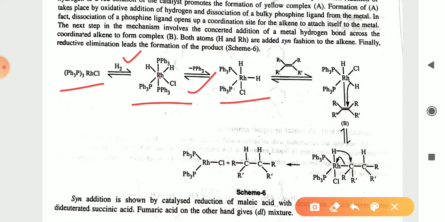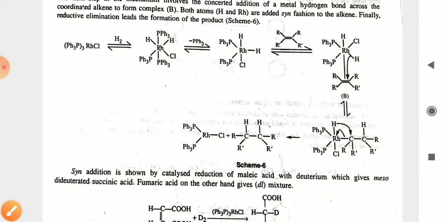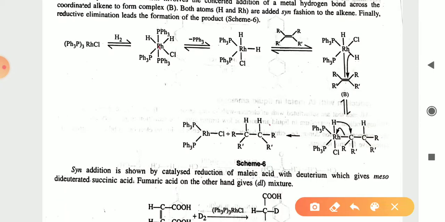Now another alkene is added to this catalyst. The hydrogen present on the Wilkinson catalyst will react with one carbon present on the alkene, and the rhodium present in the Wilkinson catalyst will react with the other carbon of the reagent.